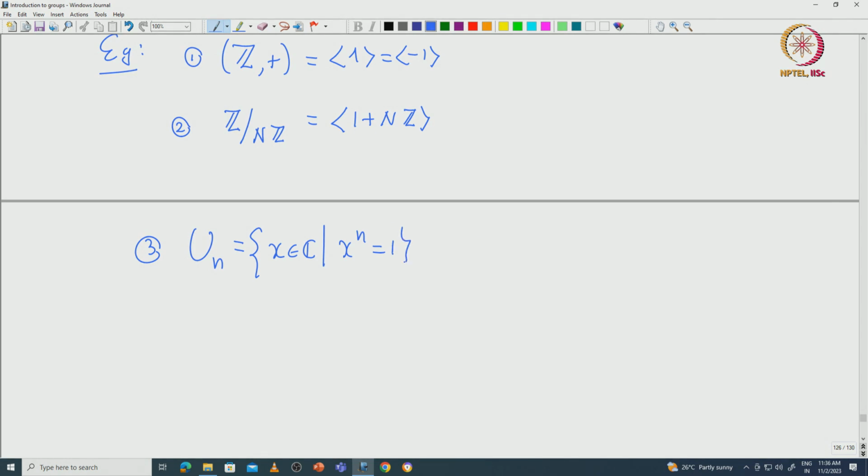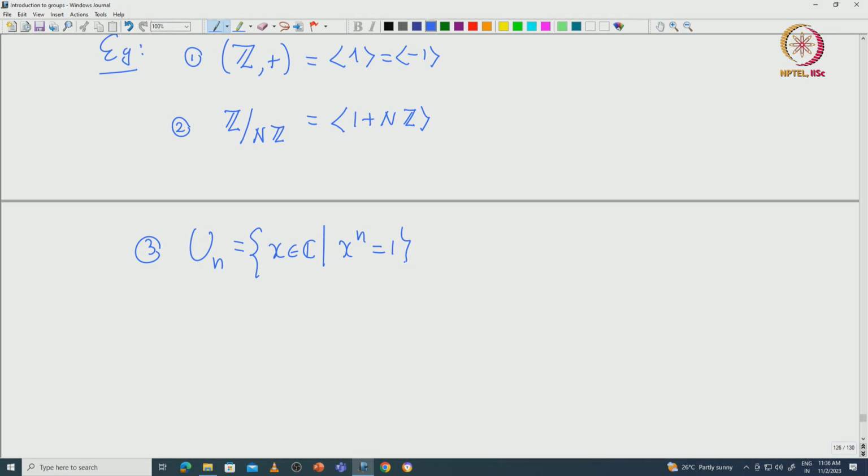Okay. So, this forms a group with respect to multiplication, because if x and y are in U_n, you can see that (xy) to the power n will be exactly equal to x to the power n into y to the power n. So, that will be 1. Okay. And the inverse will be there, so that's enough to say that U_n is a group. Okay.